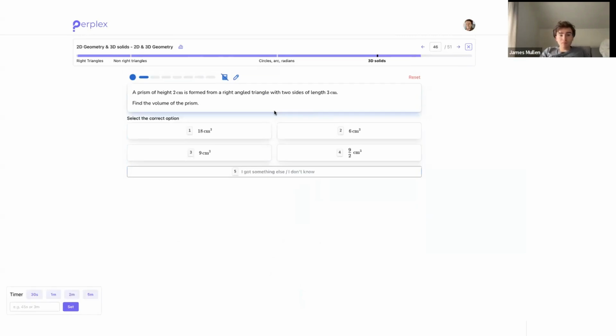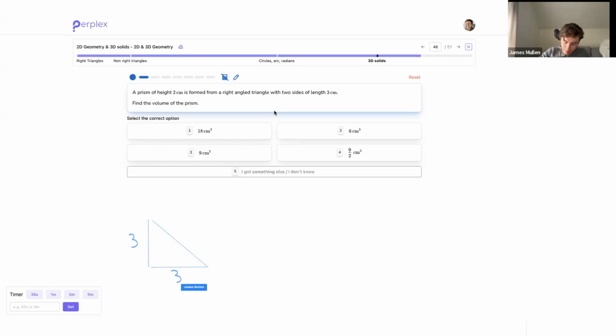A prism of height 2 centimeters is formed from a right triangle and has two sides of length 3. And we want to find the volume of the prism. I'm going to say that I have 3 centimeters there, 3 centimeters there on my triangle. Oh, sorry, it is a right triangle.